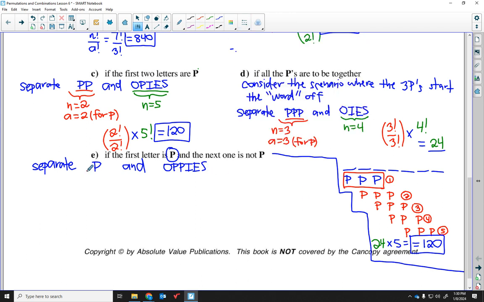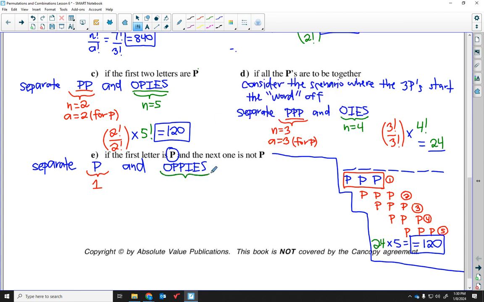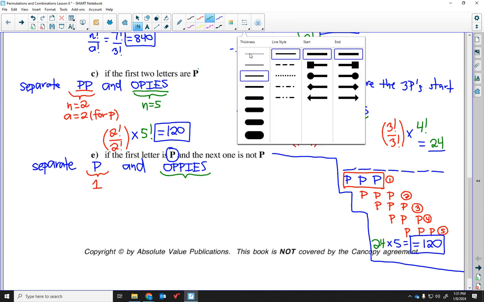So for this one up here, you just have one element. If you separate that single P, the number of ways you can place it to start the word off would just be 1. So that's going to be 1. Now, this one right here, we have to break into 2 separate parts because there's a restriction on what the second letter is. So we're going to clarify here.